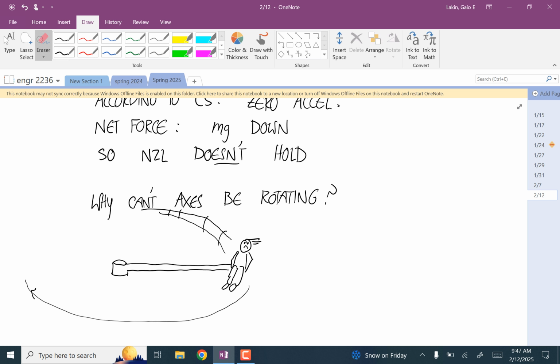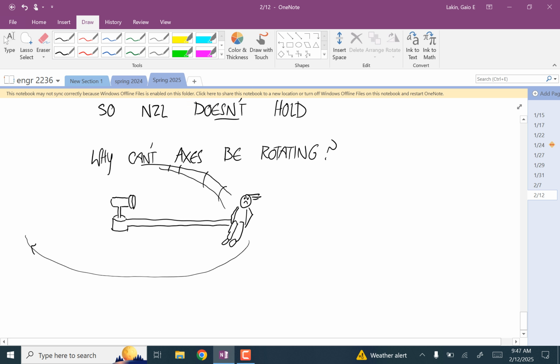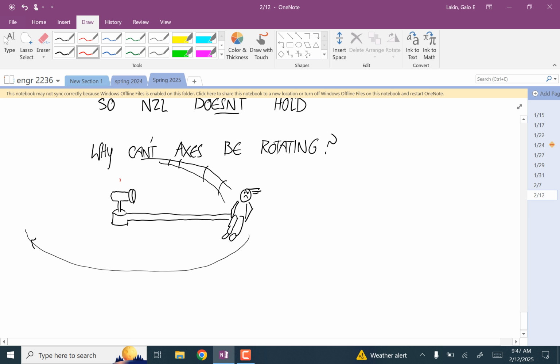And let's imagine again that we have a coordinate system that's fixed and it's just following this person around. So this is the coordinate system.